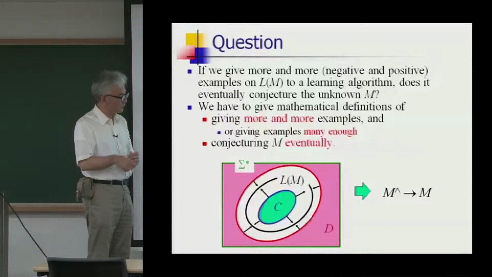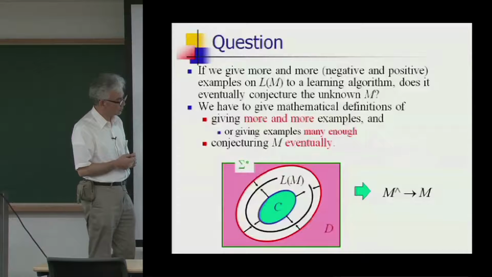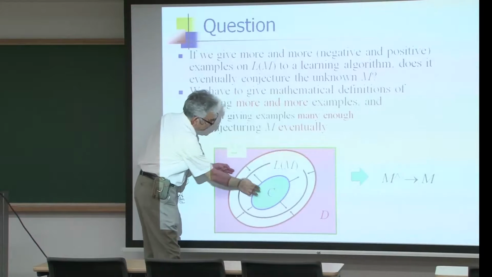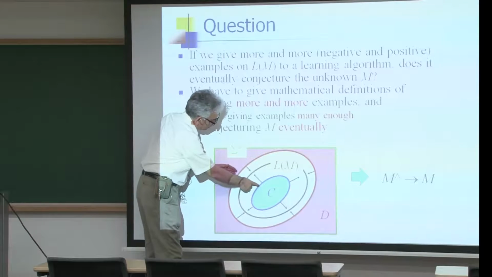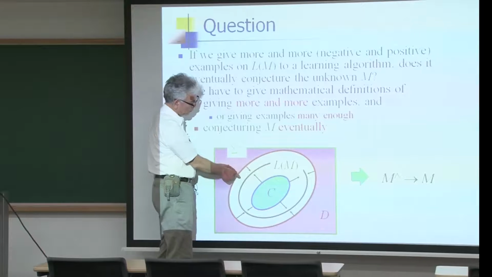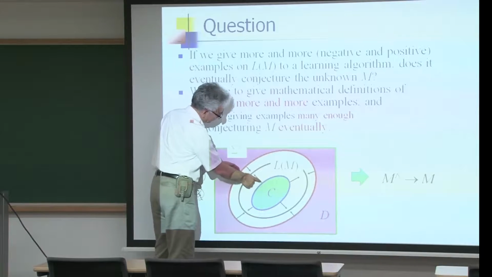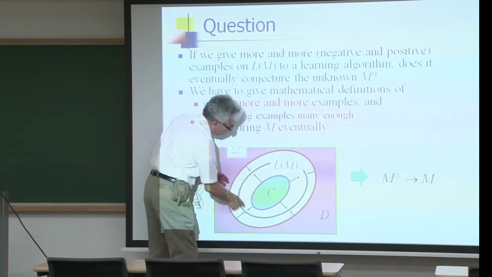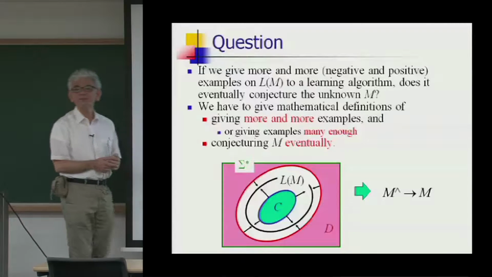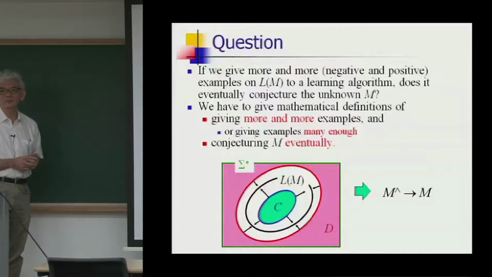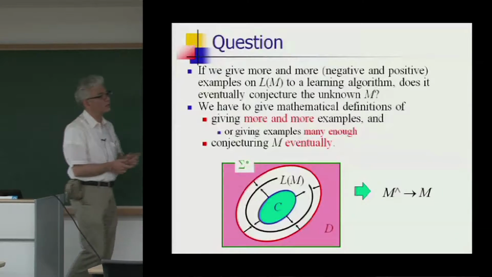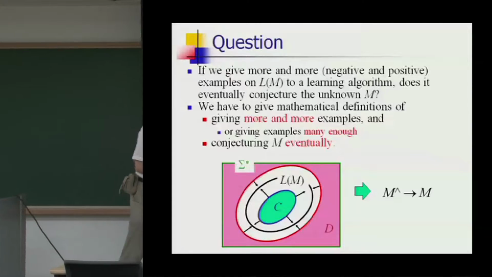And providing more and more examples means that this green part and this red part are coming to the boundary of L of M. In such a situation, does the learning algorithm conjecture M correctly or not?